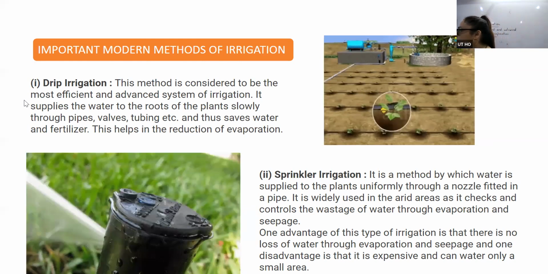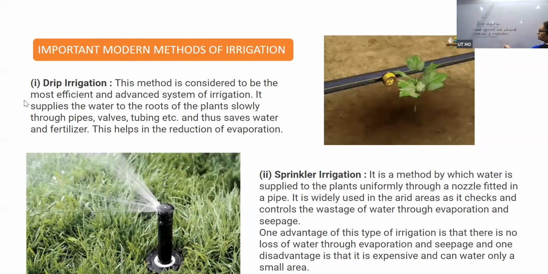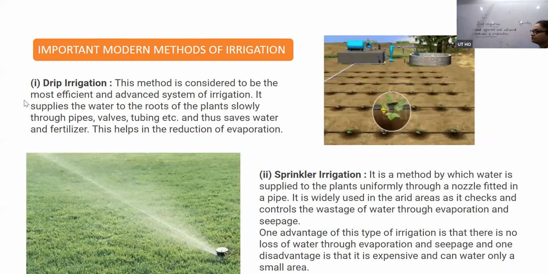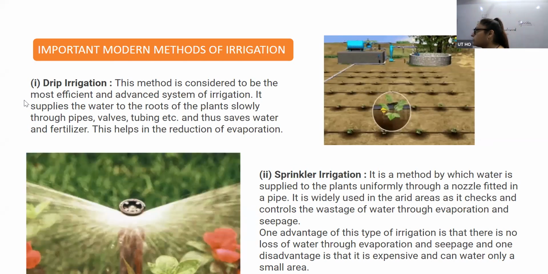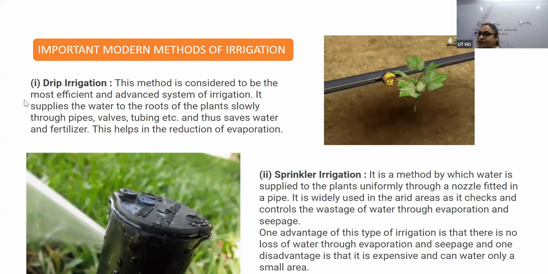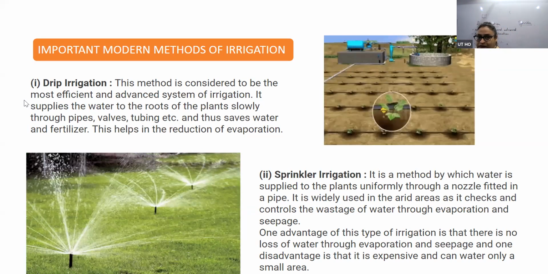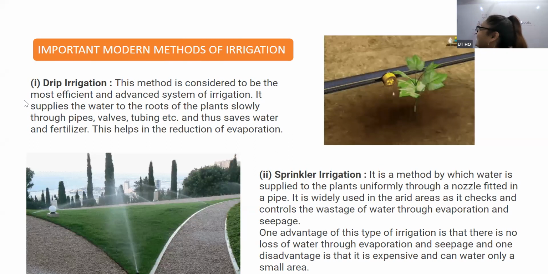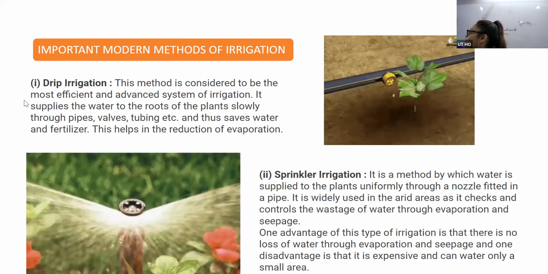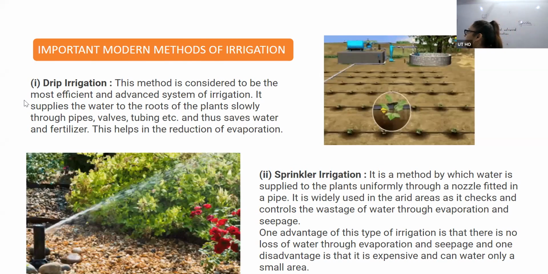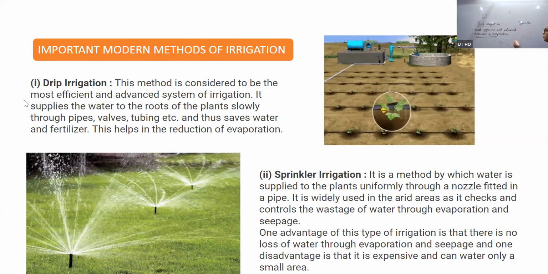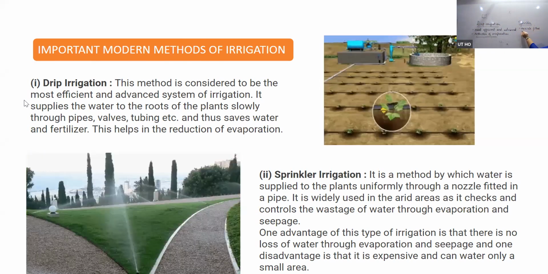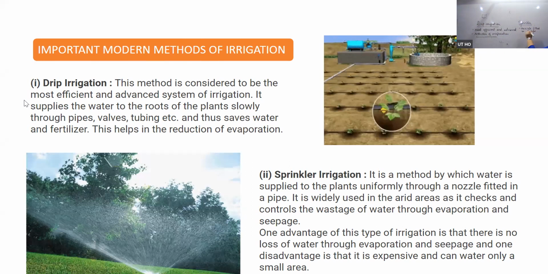The next is sprinkler irrigation. This one here. This you must have seen in many places, gardens usually, on grass. So it is a method by which water is supplied to the plants uniformly through a nozzle fitted in a pipe.